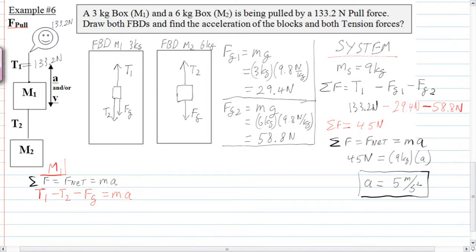T1 we know is 133.2 newtons, minus T2, we don't know that, minus the force of gravity. The force of gravity on the 3 kilogram block was 29.4.